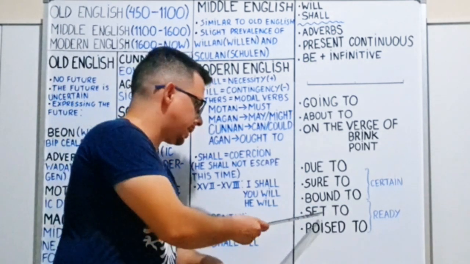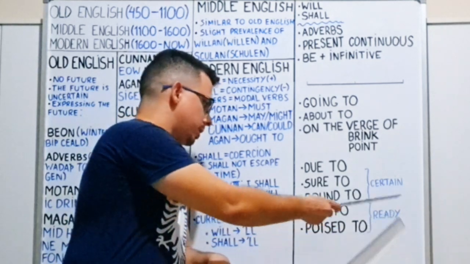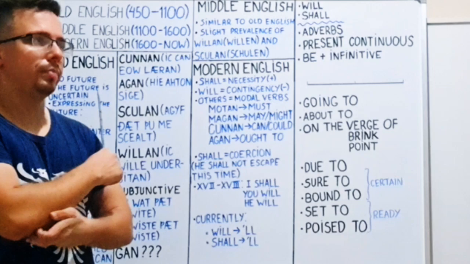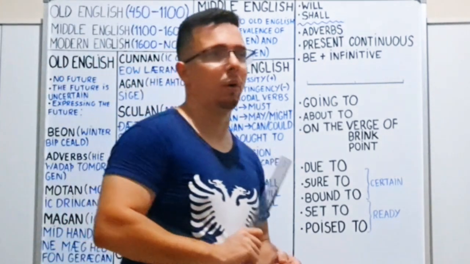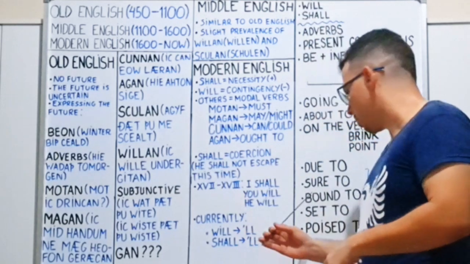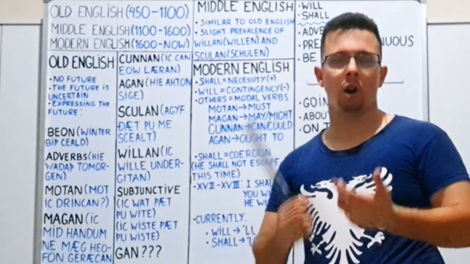These two, "set to," "poised to," they are related to the sense of being ready, right? So let's say that 10 minutes before this video started, I was set to, I was poised to start the video.